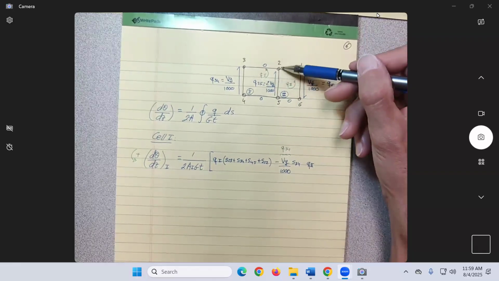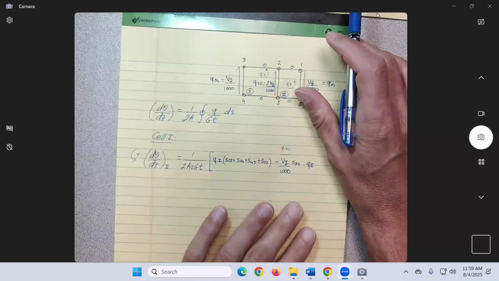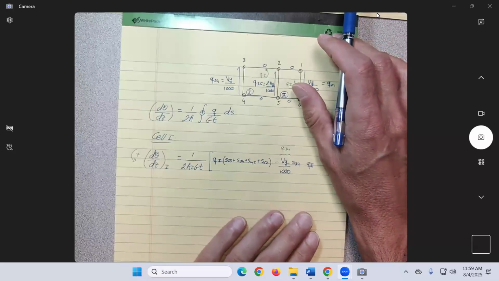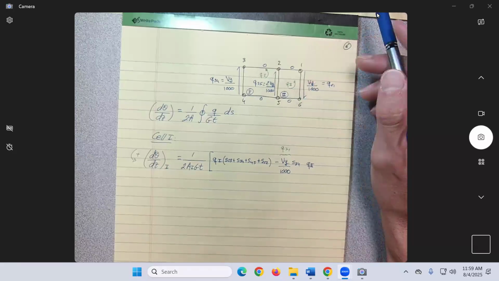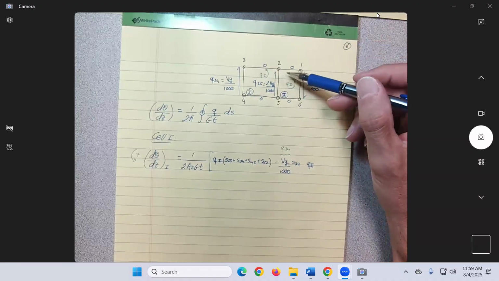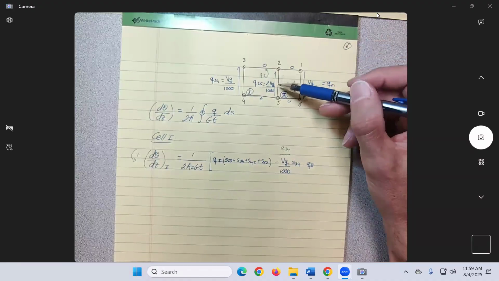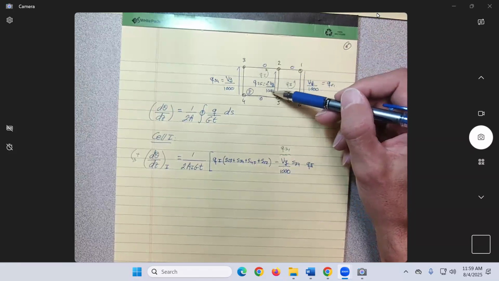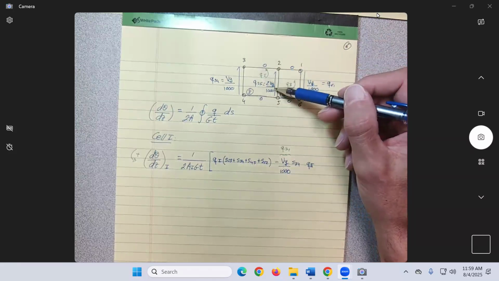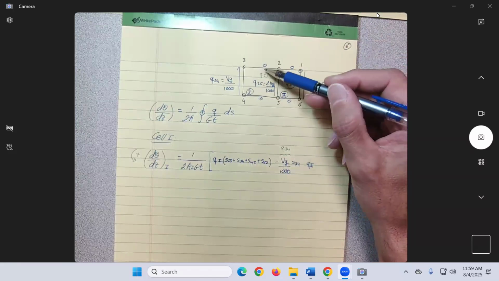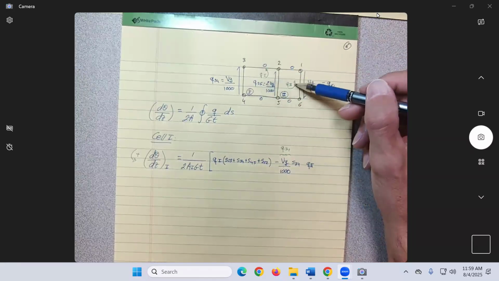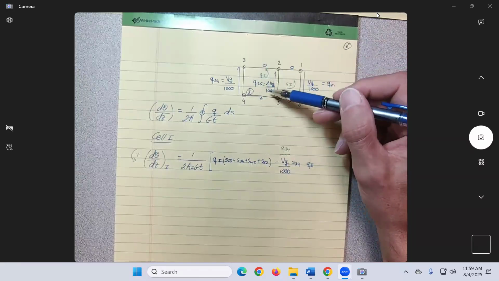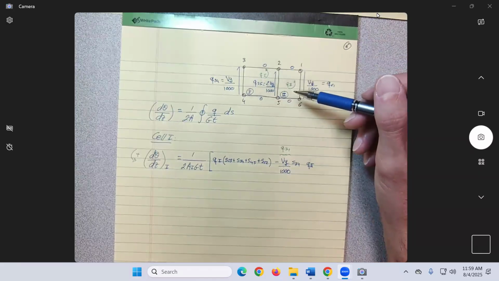Okay, now let's look at 2, 5. So what is acting over 2, 5? Over 2, 5, we're gonna have Q2 and the Q25, no? The Q25 will make this go clockwise or counterclockwise? Q25 will make it go counterclockwise, but the Q2 will make it go clockwise, no?